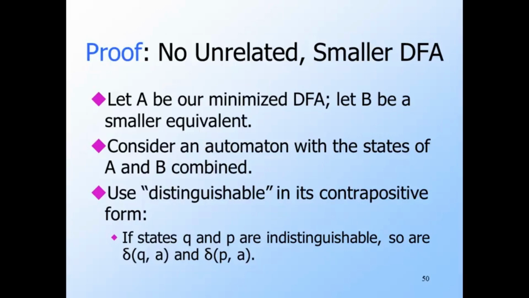It doesn't matter what the start state of the combined automaton is, but the final states are those of A and B. We need to use distinguishable in its contrapositive form. That is, if W distinguishes delta of QA from delta of PA, then surely AW distinguishes Q from P. So if Q and P are indistinguishable, then so are their successors on any input A.